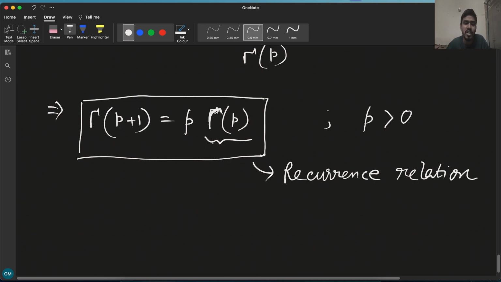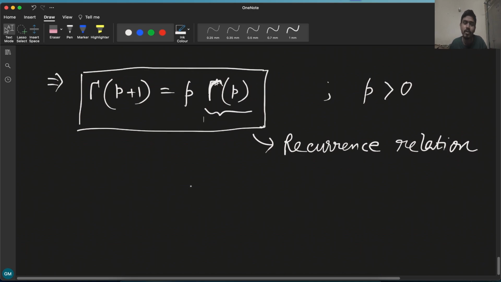How is gamma p related to its next value, gamma p plus 1? This recurrence relation tells us. Whenever you learn about Legendre functions, Bessel functions and all, we will talk about this kind of recurrence relation. It's a very important recurrence relation.